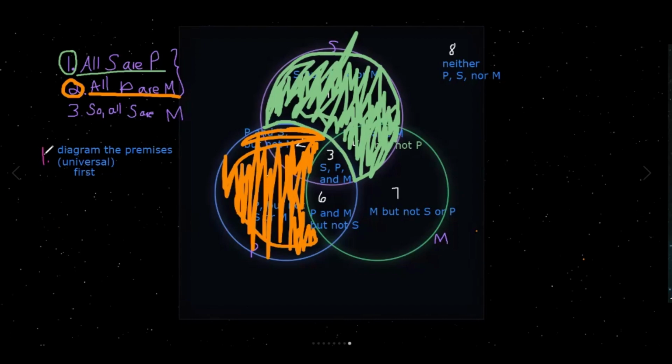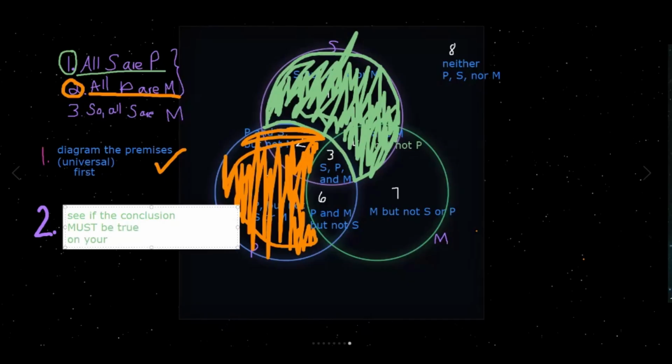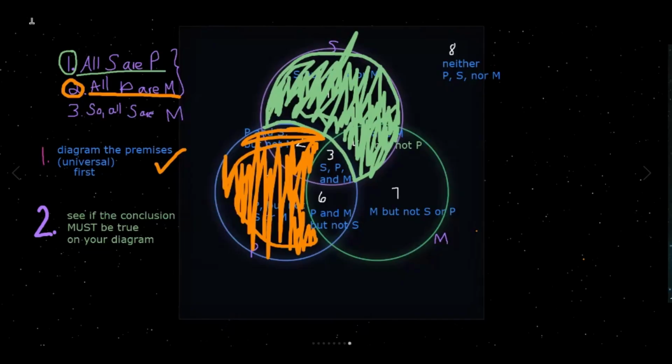Okay, so that's step 1. We've done step 1 of our diagram validity test. Check. Step 2 is to see if the conclusion must be true on your diagram. So we don't diagram the conclusion. We just check whether it's already contained in the diagram of our premises.